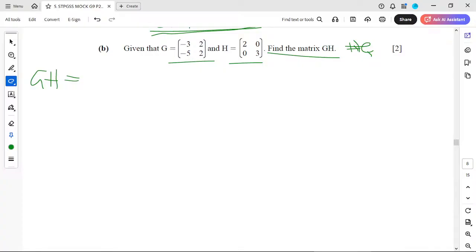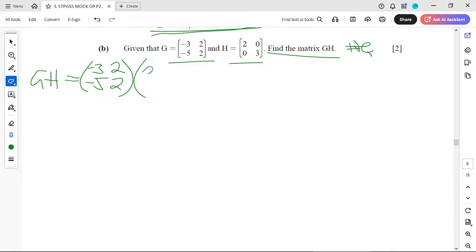So please be careful when you're copying the expression that is in the question. Make sure you pay attention to the way the matrices are. Okay, so here we start with -3, then 2, then -5, then 2, close bracket, that is matrix G.